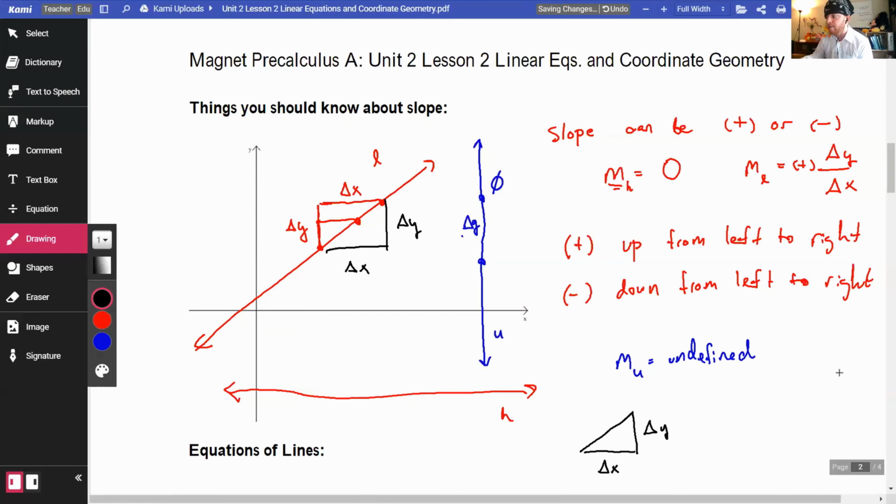If you happen to have the angle, that is a theta, once again Greek, you can describe the slope using the tangent function, because tangent is opposite over adjacent, which is delta y over delta x. So, slope is the tangent.